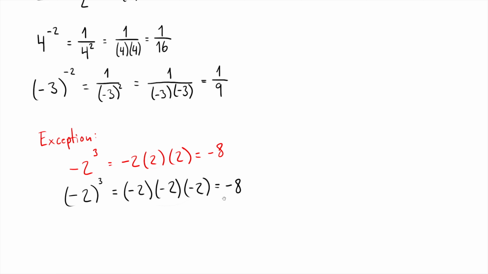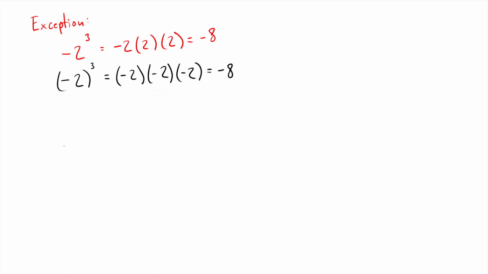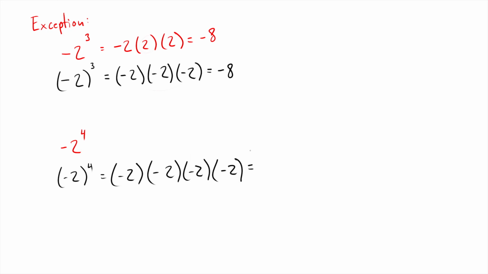However, if we move down and do negative 2 to the exponent 4, and negative 2 to the exponent 4 but in brackets, you'll notice the difference. Negative 2 times negative 2 times negative 2 times negative 2, we've already done this one up there, but this one is just 16.